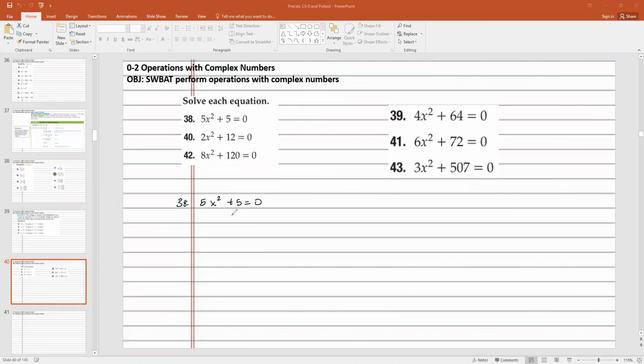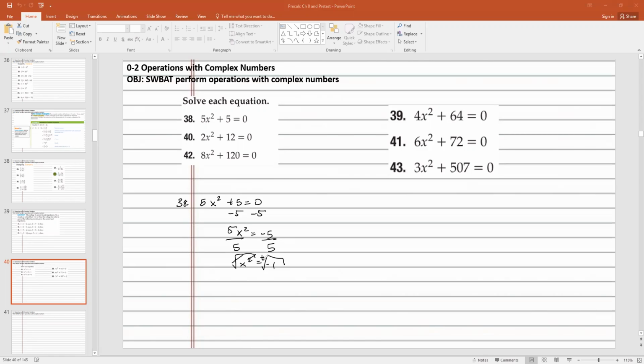All right, so here we subtract 5 on both sides. You get 5x squared equals -5. And then divide by 5. That's why they put these here. And you get -1. And then you square root both sides to get rid of that squared.